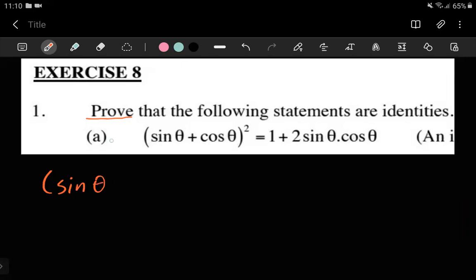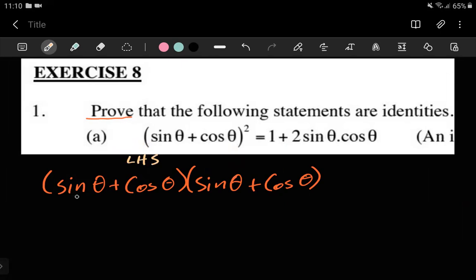So let's do that. Sine theta plus cos theta, sine theta plus cos theta. There you go. And then we just have to work this out bit by bit. We don't even have to overthink it. So this is the left hand side. Sine times sine is sine squared theta.